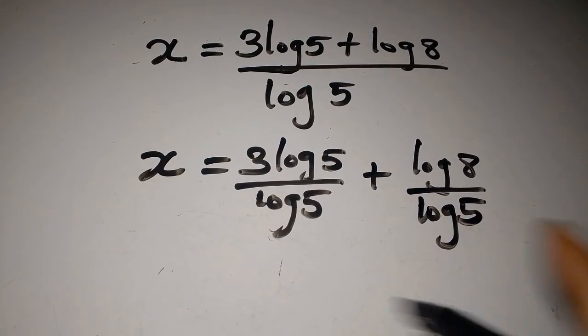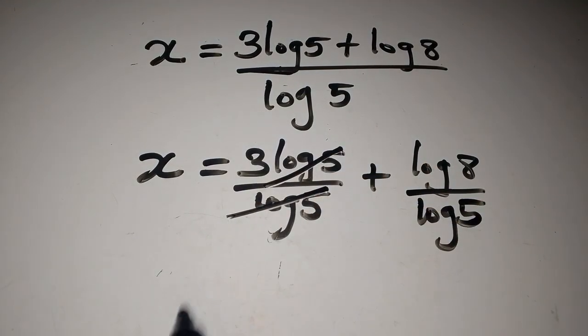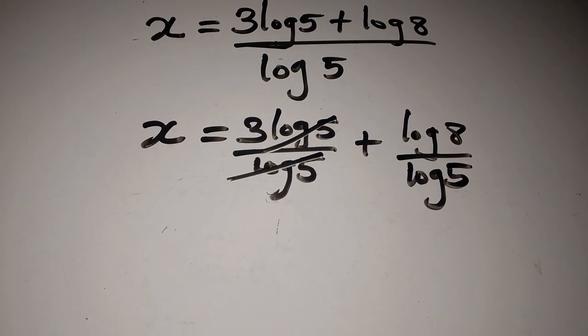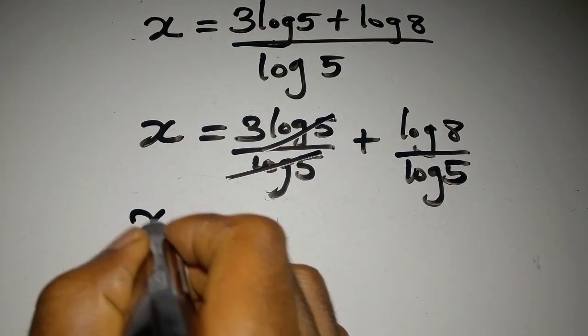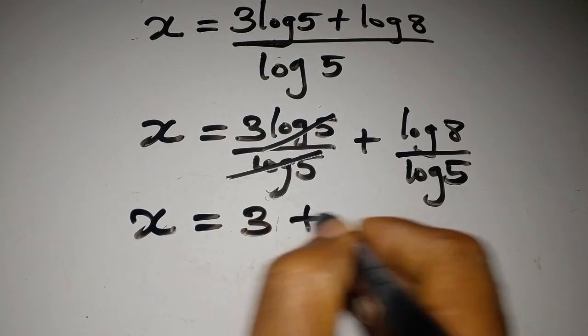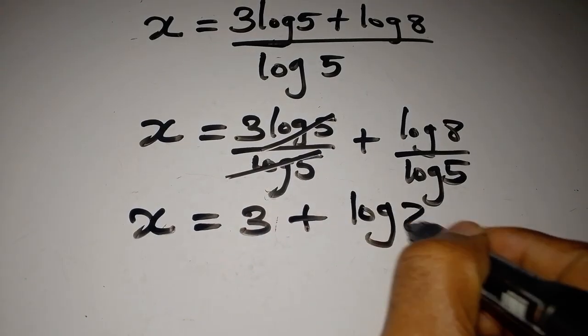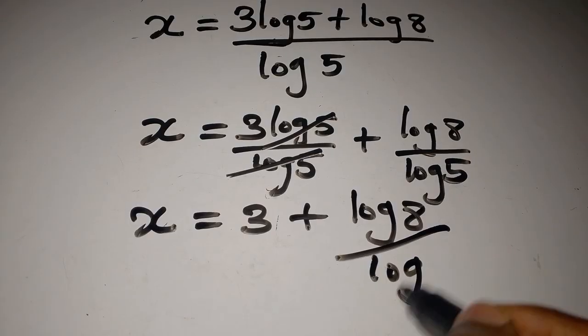So this one here can just cancel this out. We have 3 over there. So our x will be 3 plus log 8 divided by log 5.